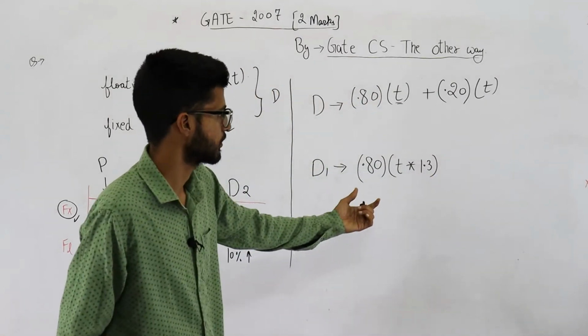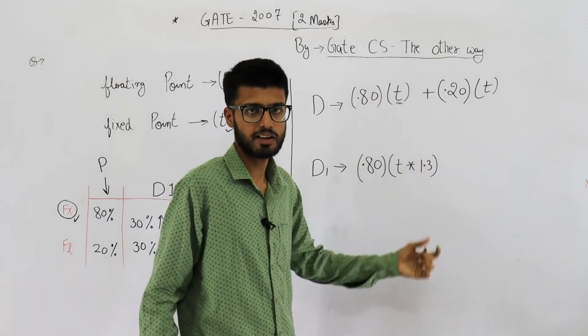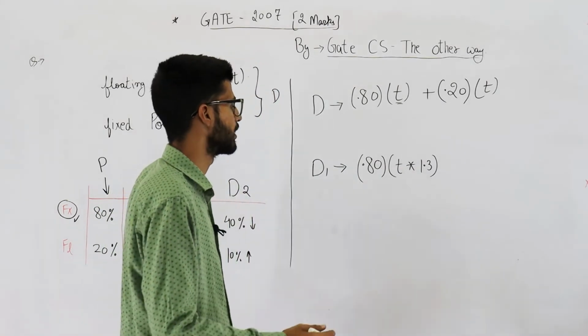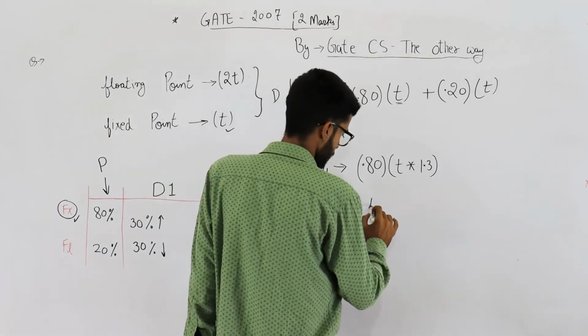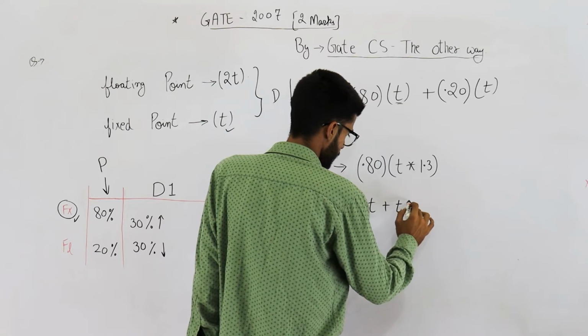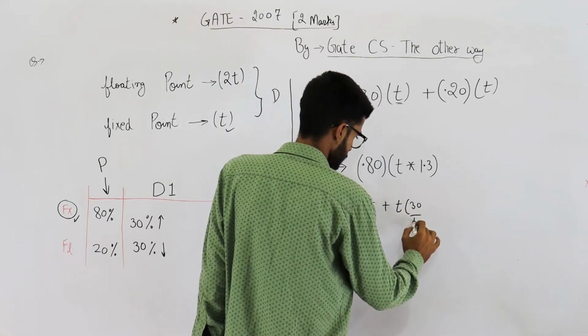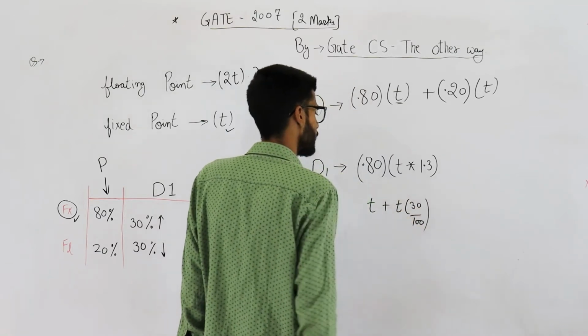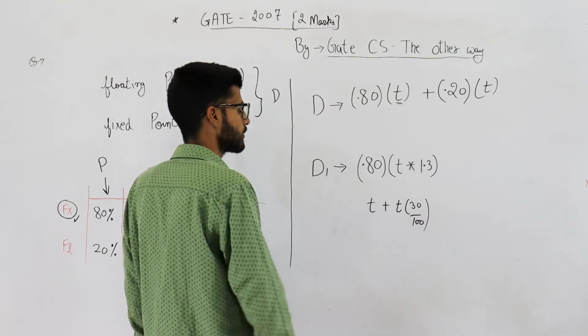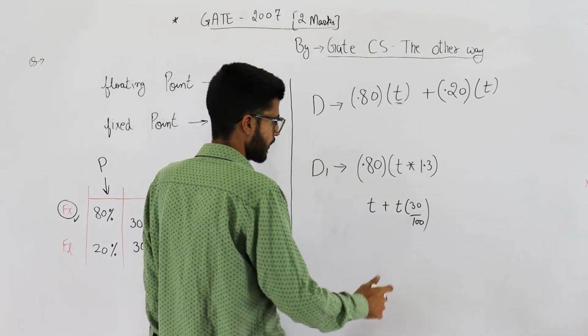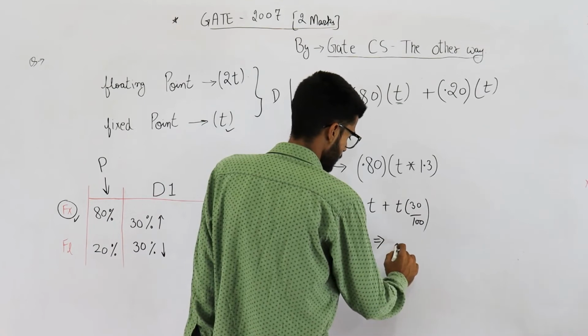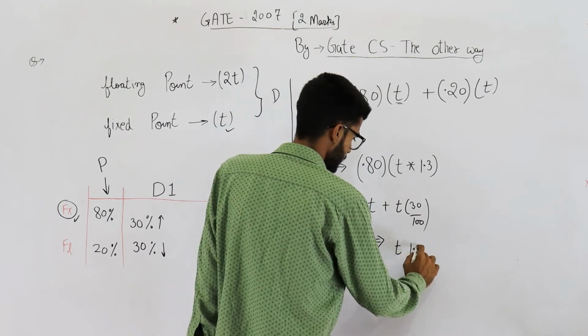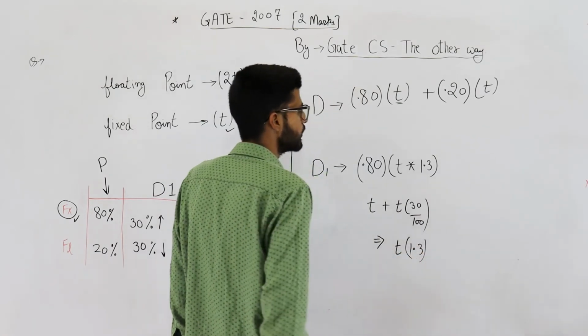How can I say this? A 30% increase means multiply by 1.3 because this is how you increase by 30%. Yeah, t plus 30% of t. You solve it and you'll realize this is actually t into 1.3.